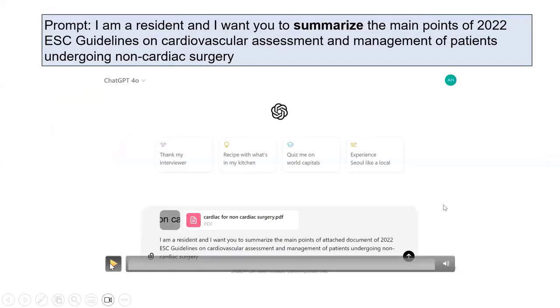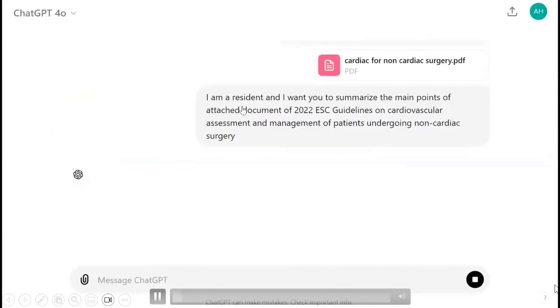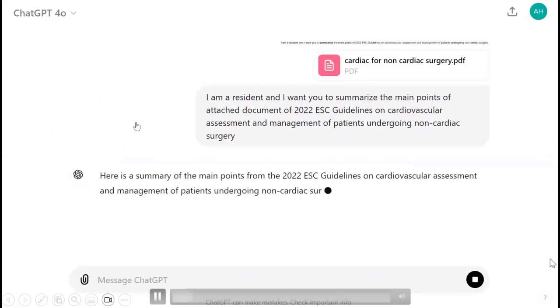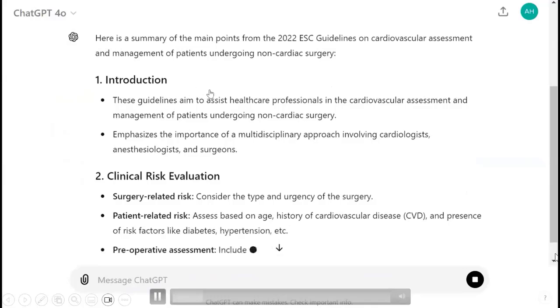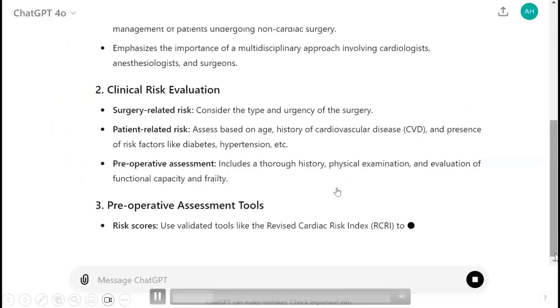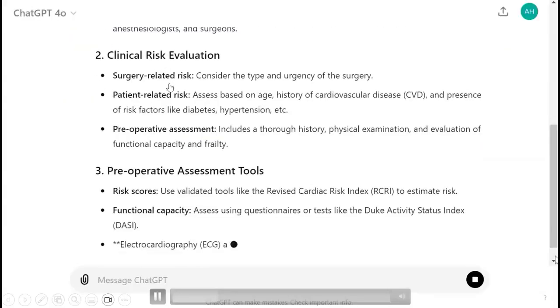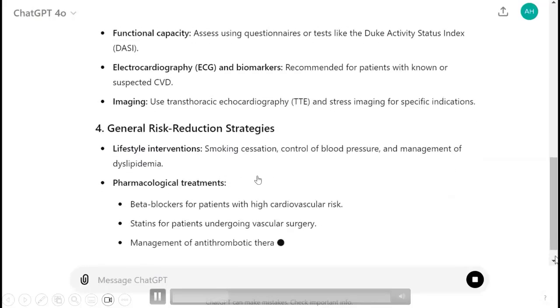Let us see the response of ChatGPT to this prompt. We'll start by putting this in ChatGPT, then we'll see the response. Here, ChatGPT starts by summarizing the guidelines in a few points. It started with clinical assessment, preoperative assessment, general strategy, and so on.